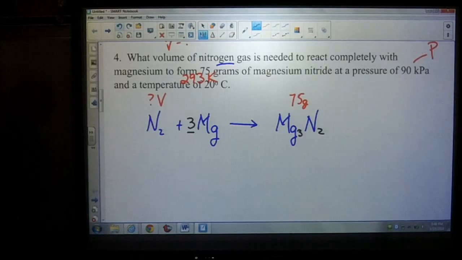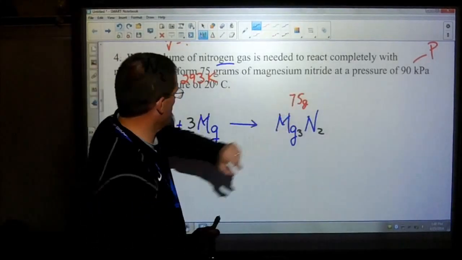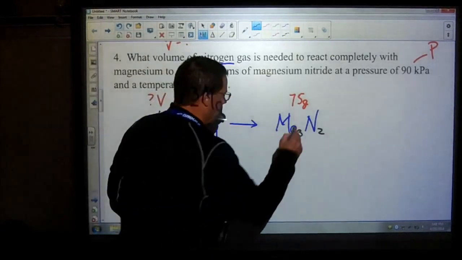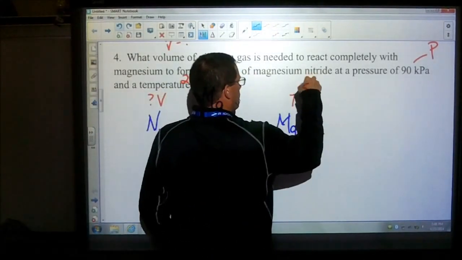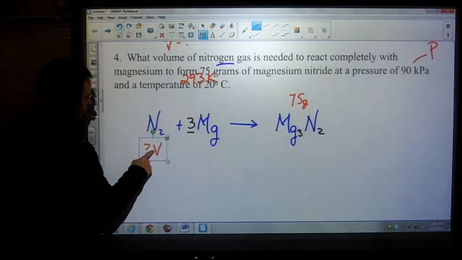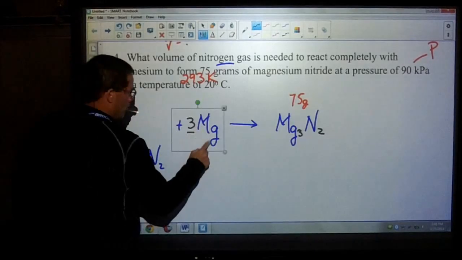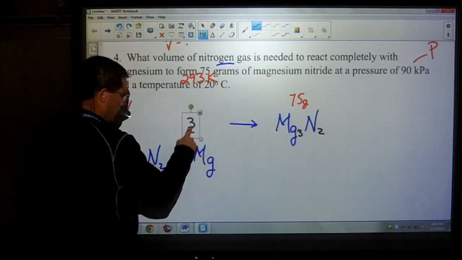So we're looking for the volume. We have our temperature and a pressure.